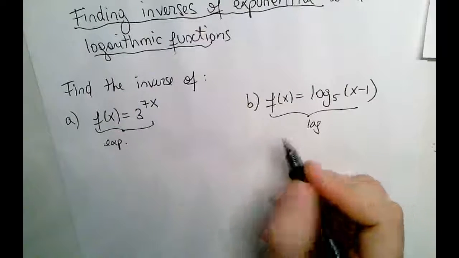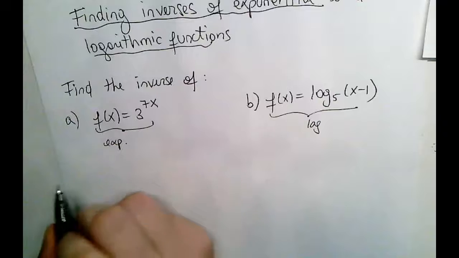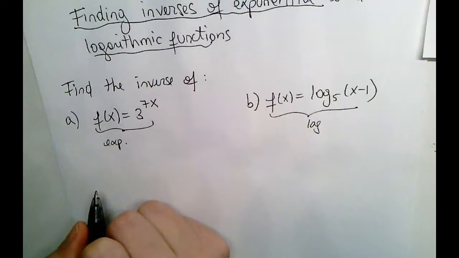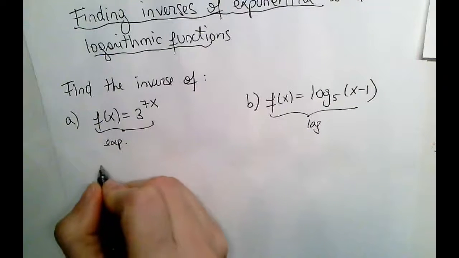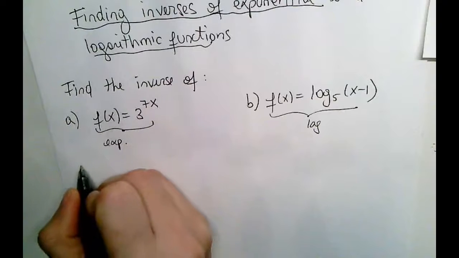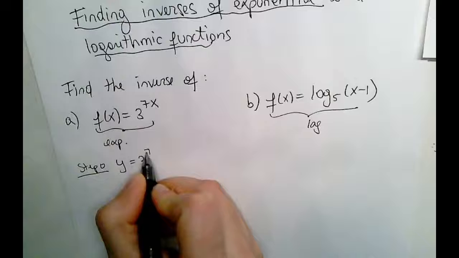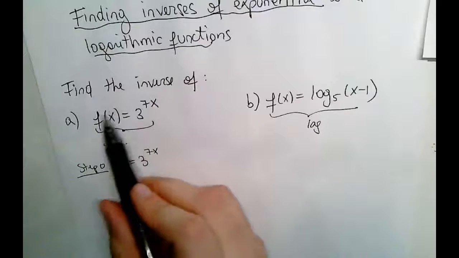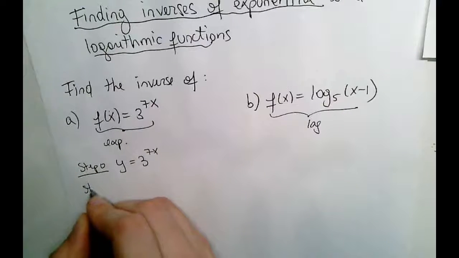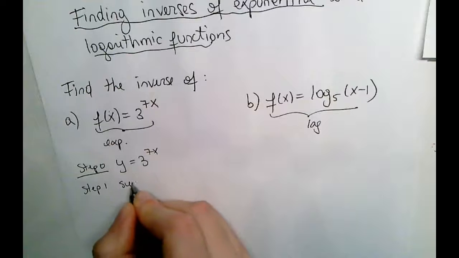So how do we find the inverse? If you recall from previous lectures, step 0, instead of f of x, we wrote y, so y equals 3 to the 7x. Step 1 was switch x and y.